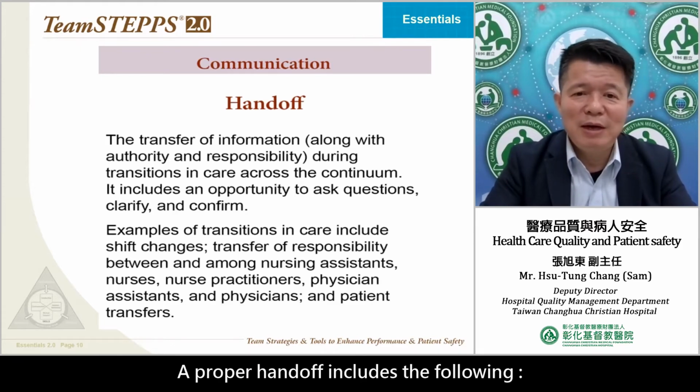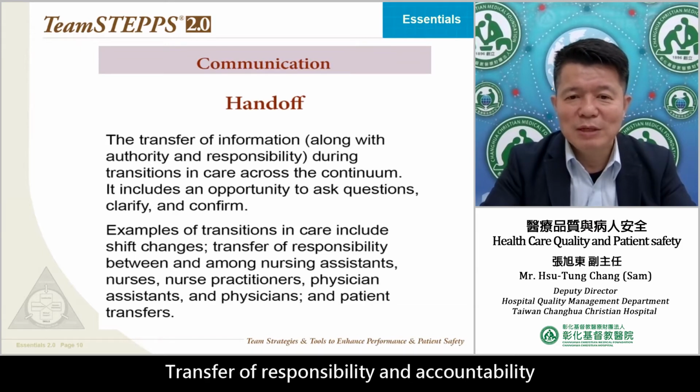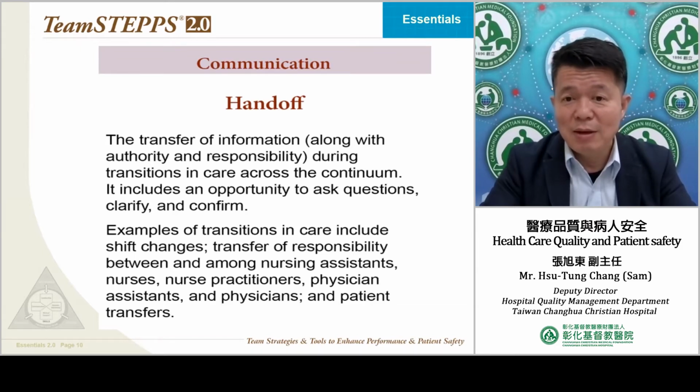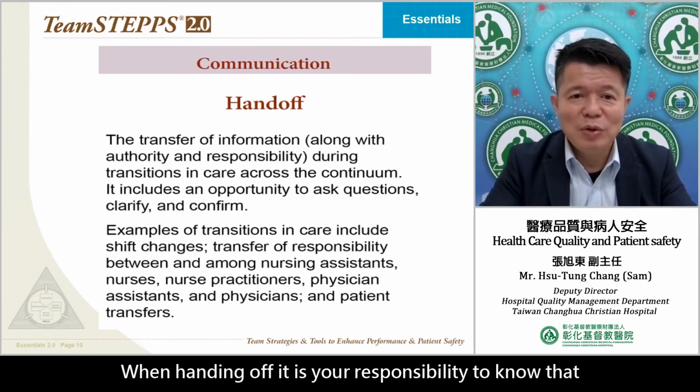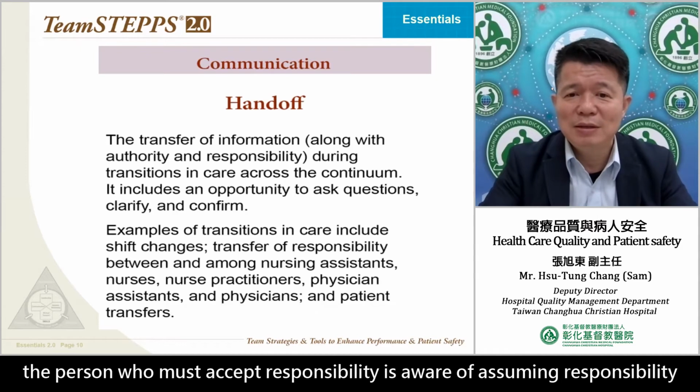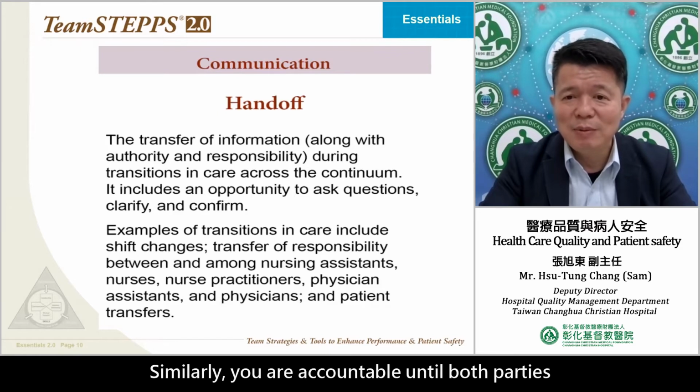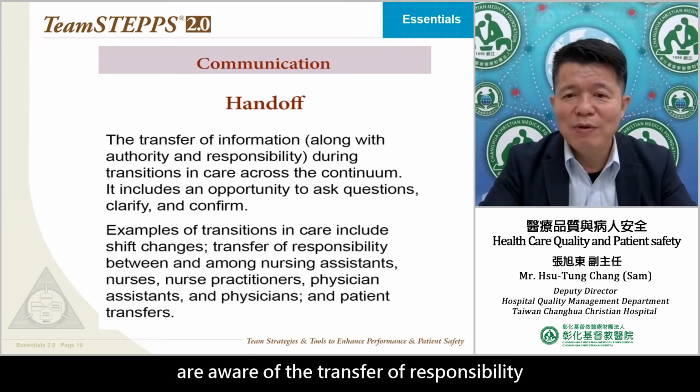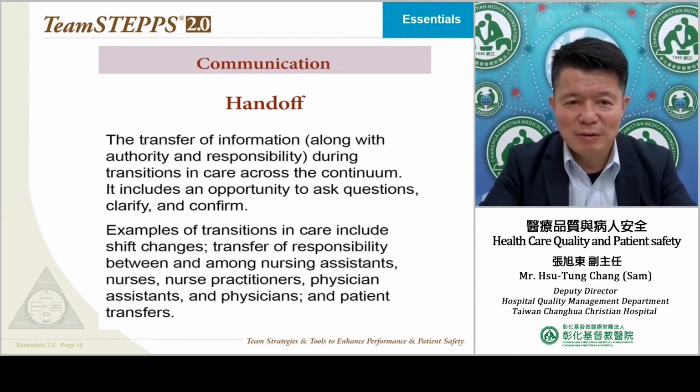A proper hangoff includes the following: transfer of responsibility and accountability. When handing off, it is your responsibility to know that the person who must accept responsibility is aware of assuming responsibility. Similarly, you are accountable until both parties are aware of the transfer of responsibility.